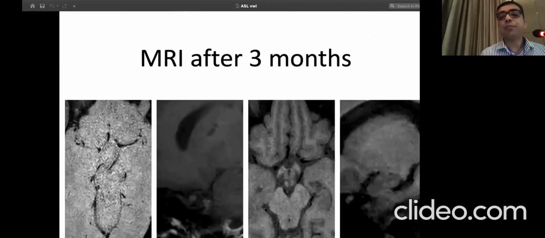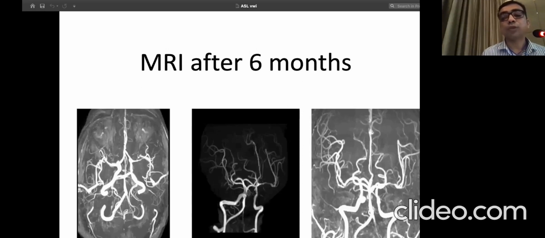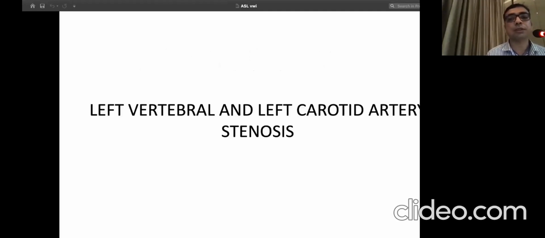When we repeated it after 3 months, that T1 hyperintensity was gone, and the patient is still managed on medical therapy and doing pretty good. MR angio repeated after 6 months showed a decrease in the stenotic part. There is still an ICAD there, but the flow is pretty good compared to the MRI done 6 months back at the acute stage. So we didn't intervene.